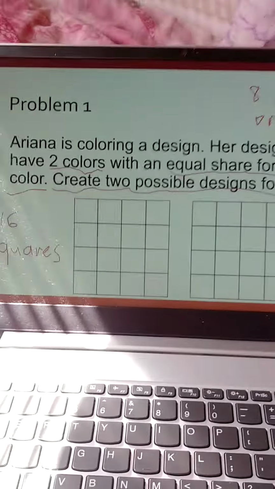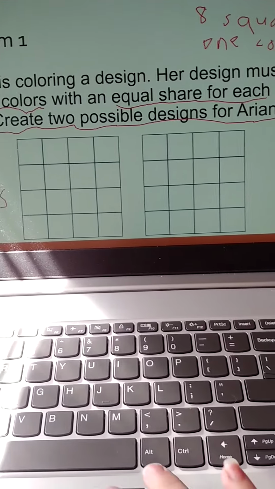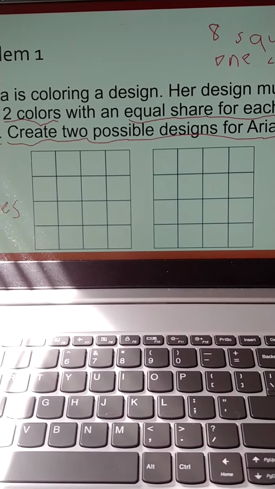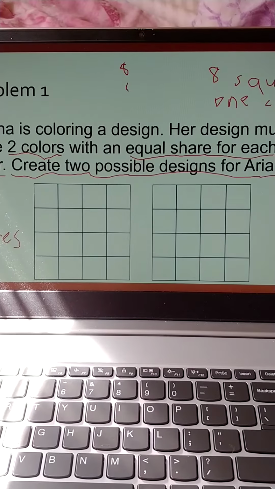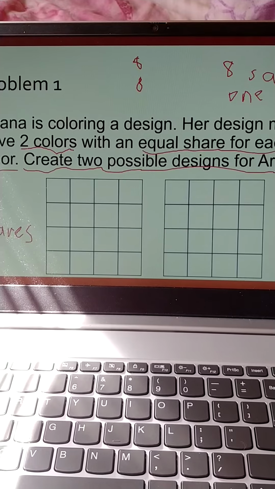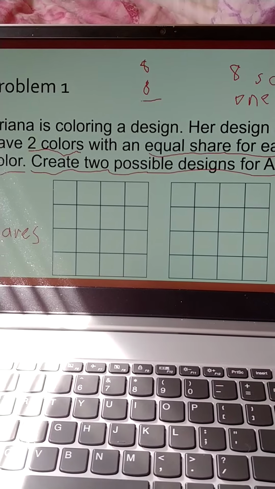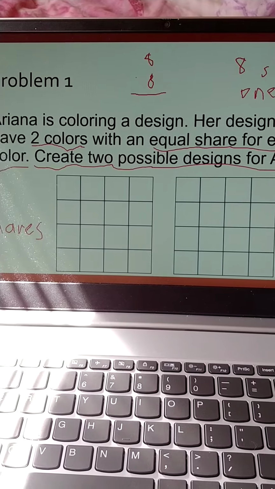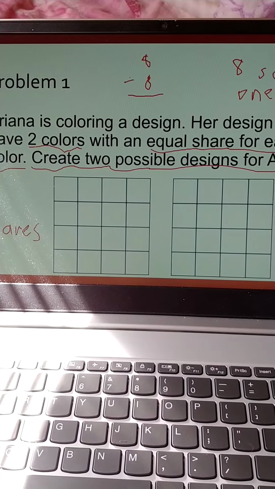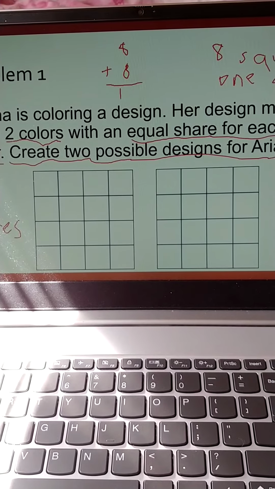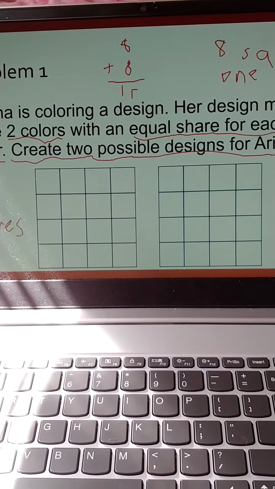So how do we know that we're going to have 8 squares of 2 different colors? Well, if you remember your math facts, 8 plus 8 is going to give us 16.